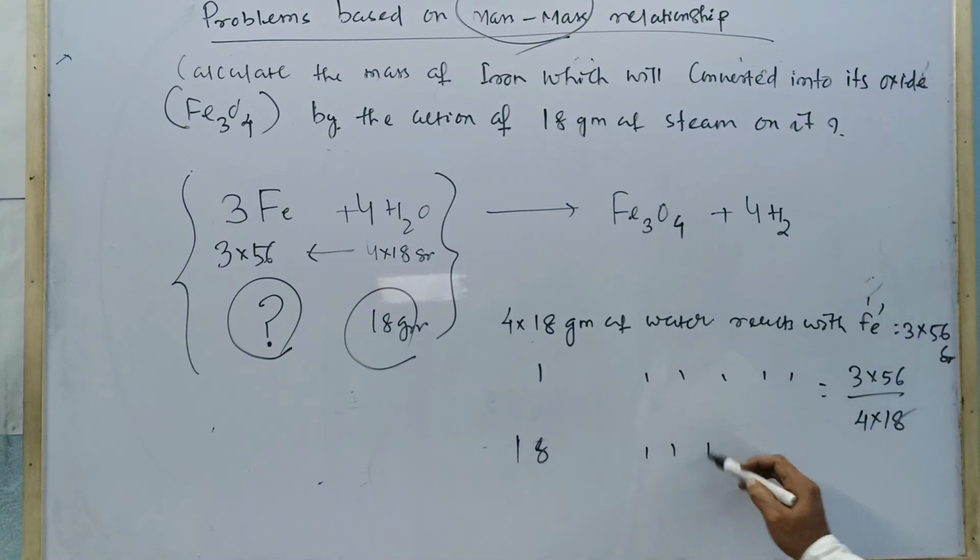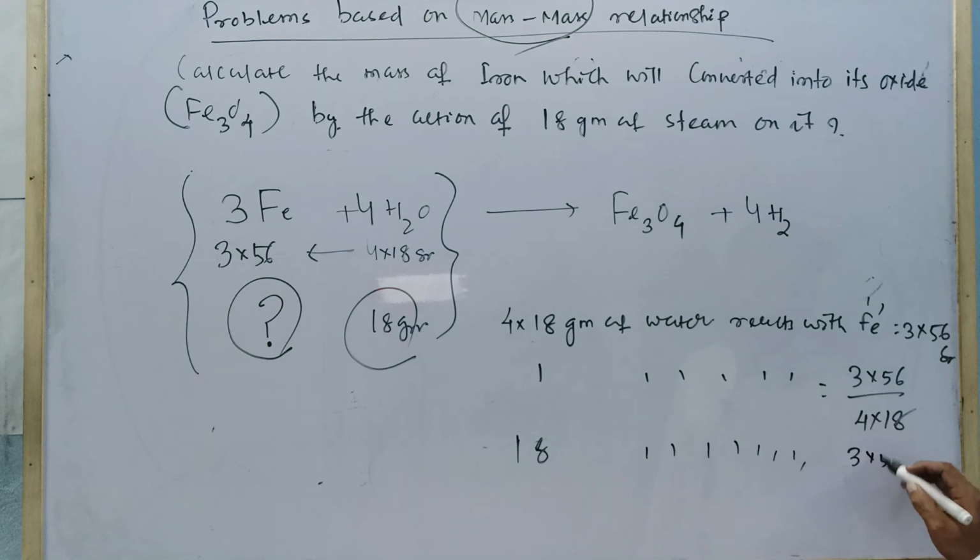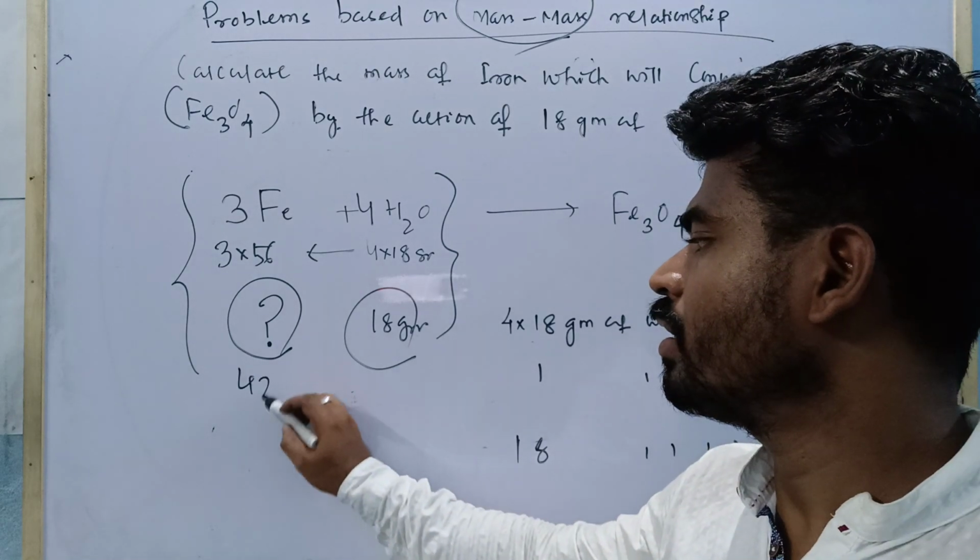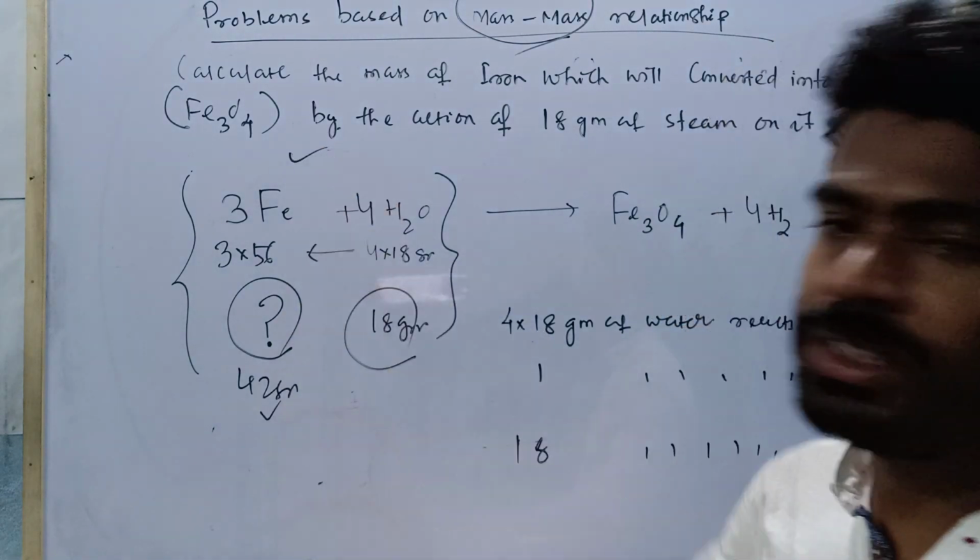So 18 gram, that will be equal to 3 into 56 divided by 4 into 18 into 18. So 18 gets cancelled, 4 14, so that will be 42 gram. So answer will be 42 gram of iron. Easy.